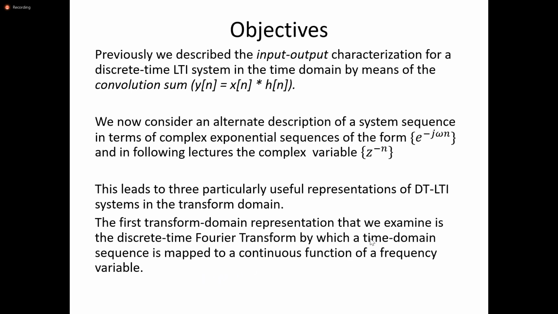The time domain sequence that we're familiar with is then mapped to a continuous function of a frequency variable. Of course, the frequency variable is either in hertz, which is plain cycles per second, or it may be in radians per second. Okay, so that's 2 pi f. If we know our frequency f, then our radian frequency is 2 pi f.